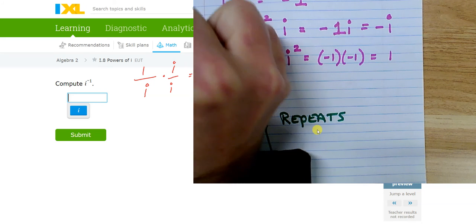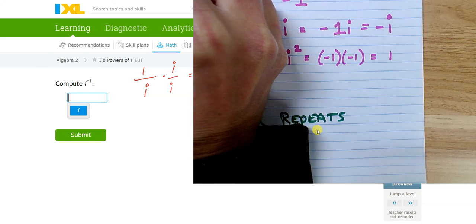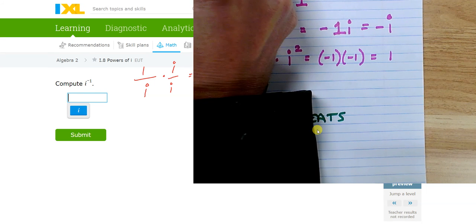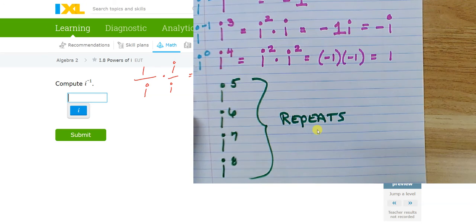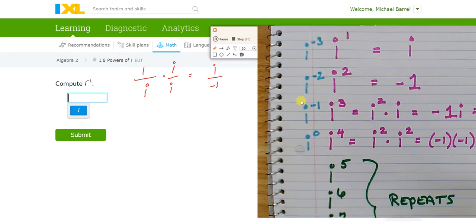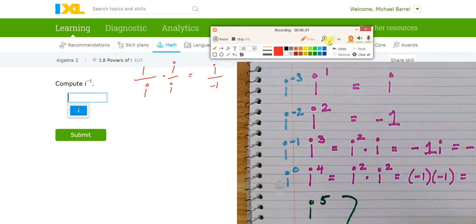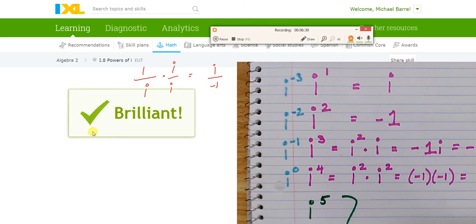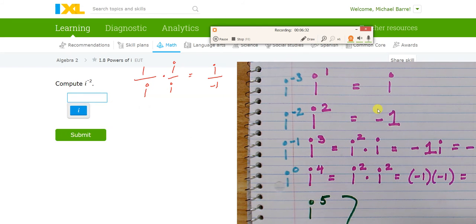This would be i to the negative 1. This would be i to the negative 2. This would be i to the negative 3. Kind of following a pattern there. So i to the negative 1 is negative i. i to the negative 2 is negative 1.